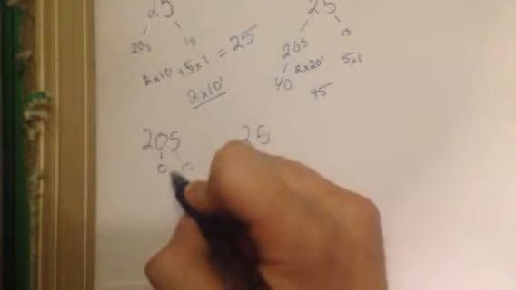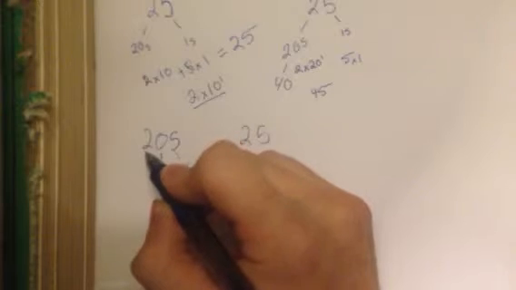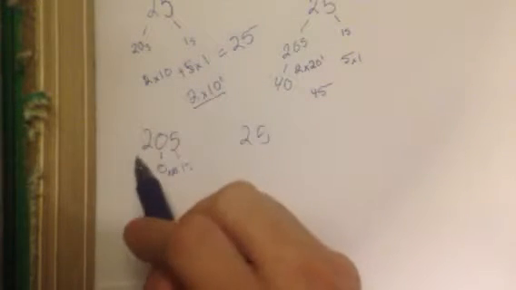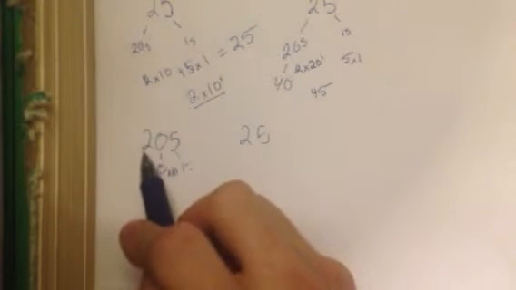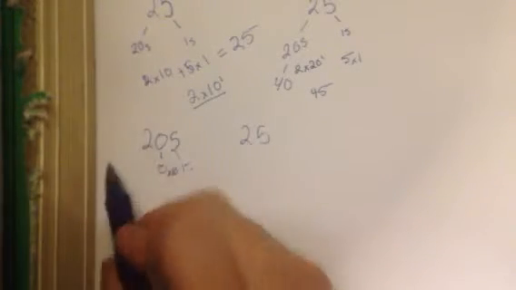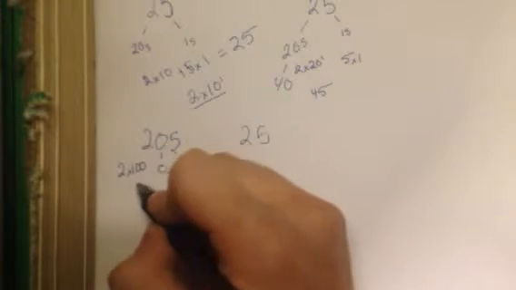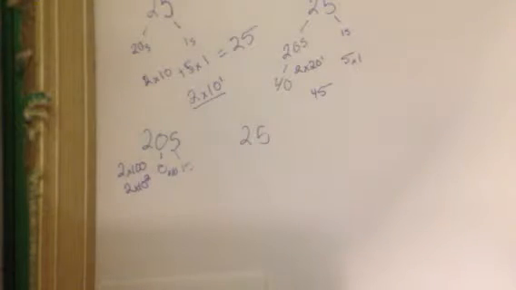It will represent 0 times 10, 0. Okay, which allows us to see that this 2 is in the 100's place, not the 10's place. So we can see the difference between 205 and 25. So this becomes 2 times 100, or 2 times 10 to the second power.